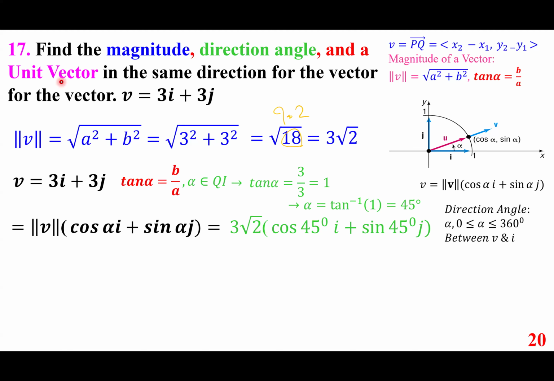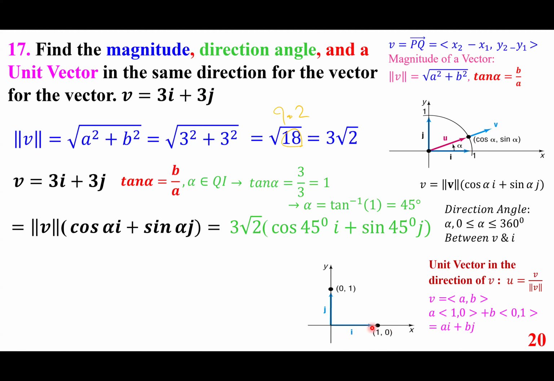Unit vector. A unit vector means you're looking for a vector with the same direction, but the magnitude must be 1. In other words, the unit vector in the direction of v is the same vector divided by its magnitude.